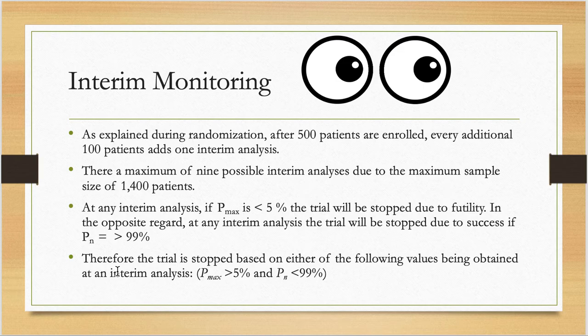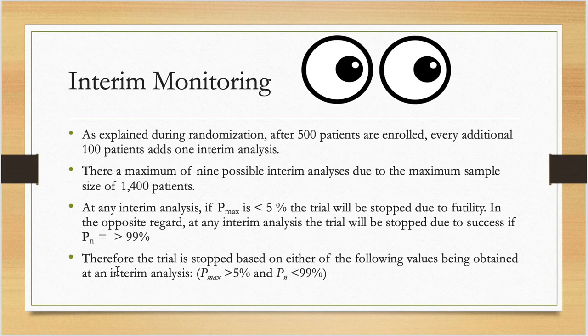So at any interim analysis, if the probability maximum is less than 5%, the trial will be stopped due to futility. In the opposite regard, at any interim analysis, the trial will be stopped due to success if the probability of the sample is greater than 99%.